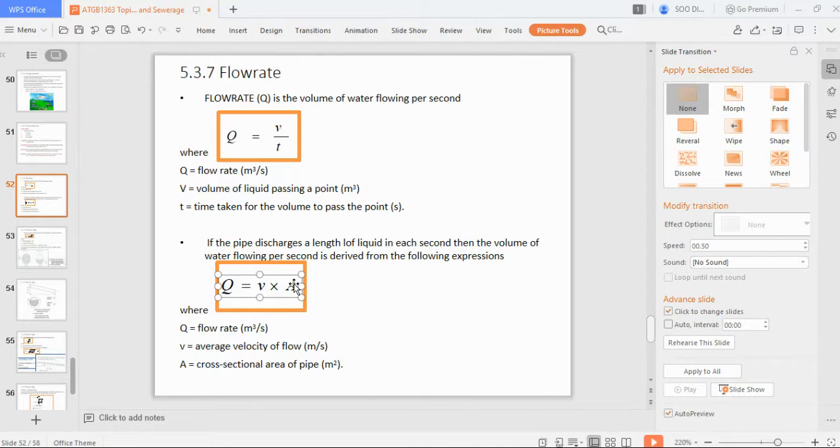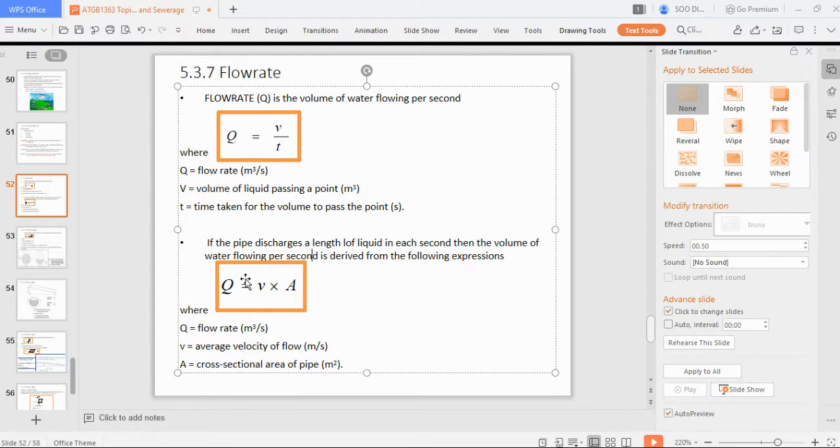But wherever you encounter any flowing water, it will always be Q equals to VA, where Q is the flow rate, V is your velocity, multiplied by the cross section area of the pipe. To find the flow rate of a pipe, you just multiply the flow velocity of the water flowing in the pipe by the cross section area of the pipe. This way you will get your flow rate.